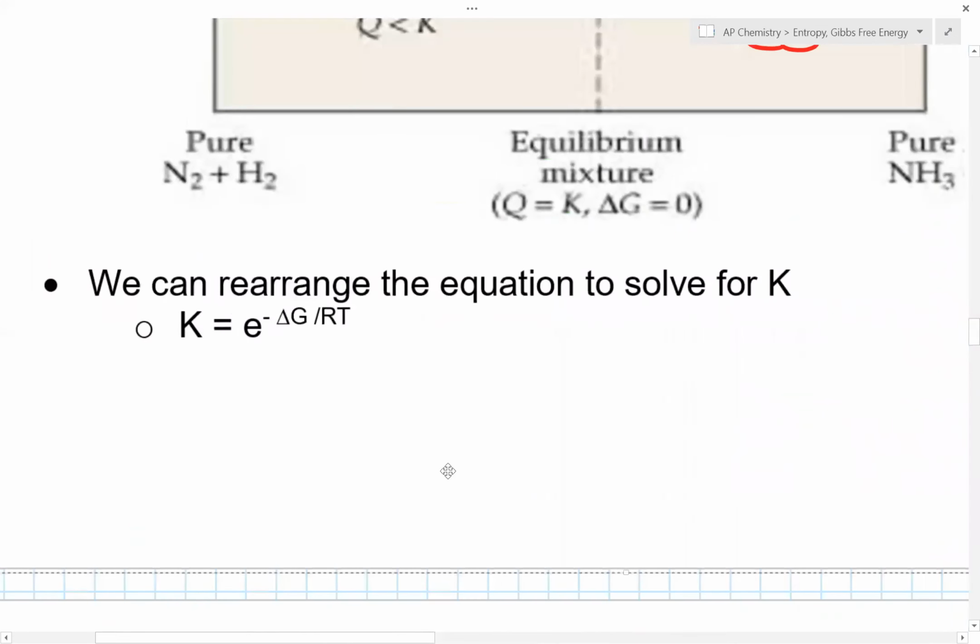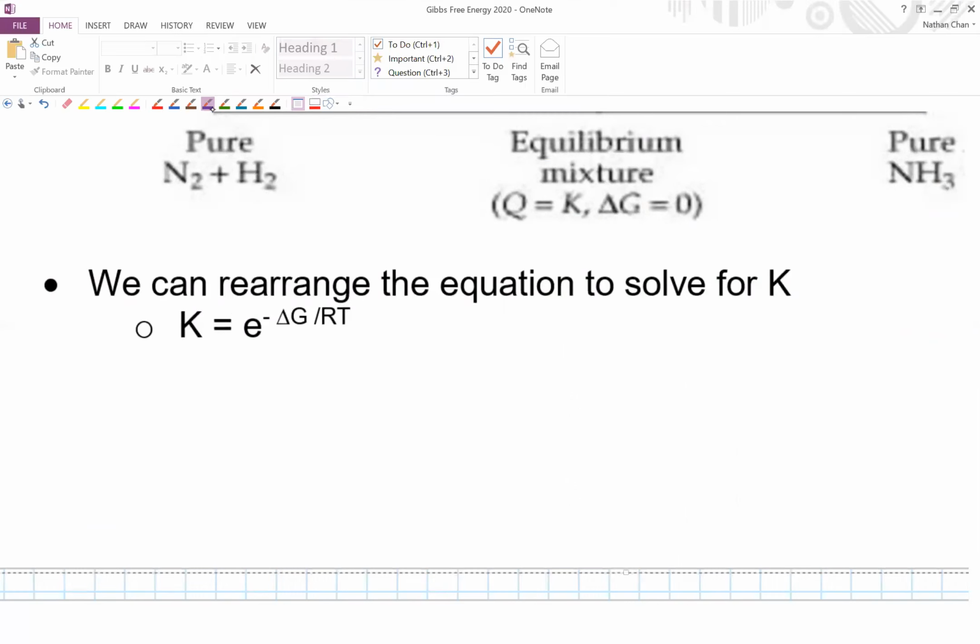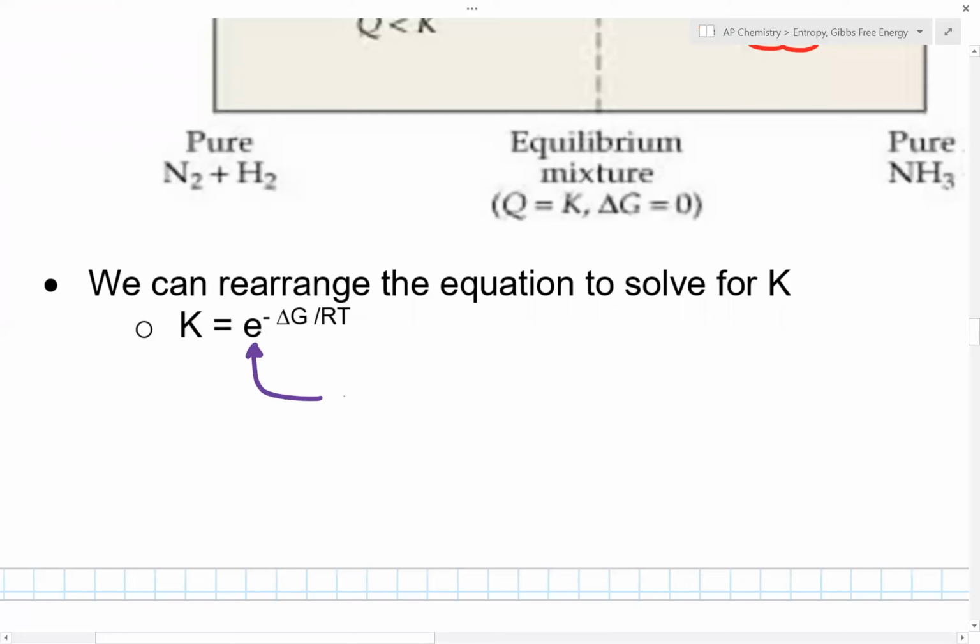Now, we can rearrange the equation to solve for K: K is equal to the inverse natural log of negative delta G divided by the universal gas constant and temperature. Now, remember, the e here is the inverse natural log.